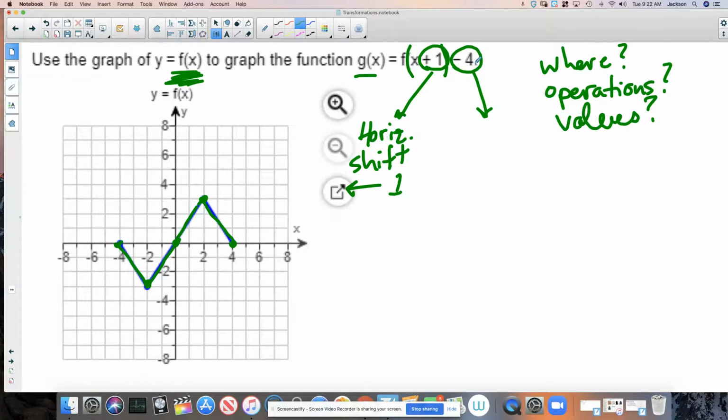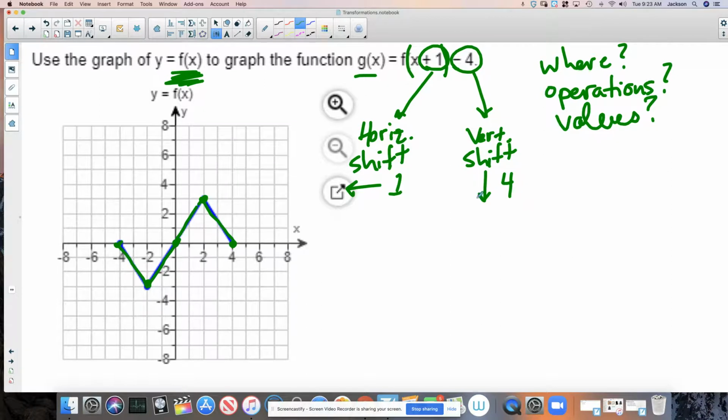Where is it? It's outside the parentheses, so we know this is a vertical transformation. What operation is it? It's subtraction. Again, subtraction is a shift, just like addition is a shift. And because it's outside the parentheses, it's vertical, so because it's subtraction, we're going to go down 4 units with this graph.